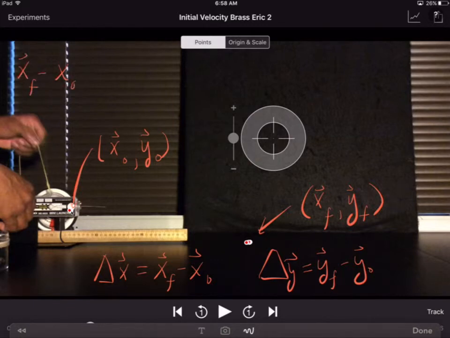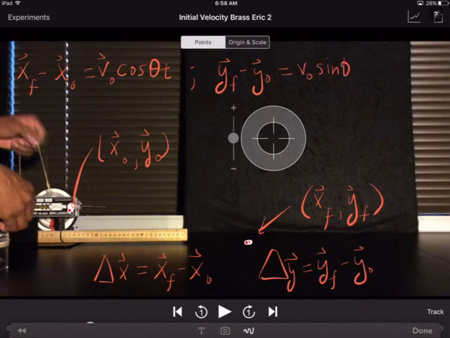xf minus x initial equals v initial times cosine of theta times t. That was one equation. And then we had another equation, yf minus y initial equals v naught sine theta times t minus 1/2 gt squared.